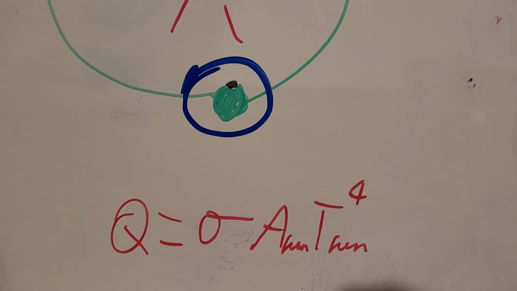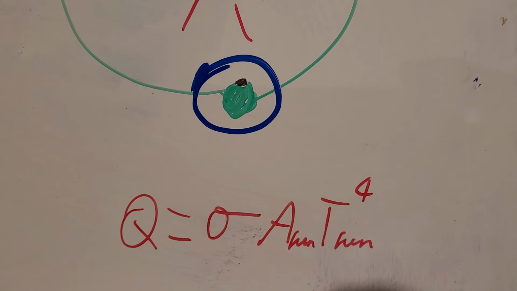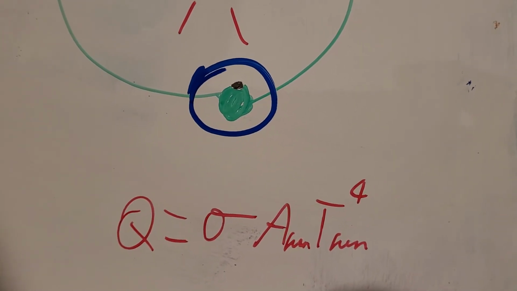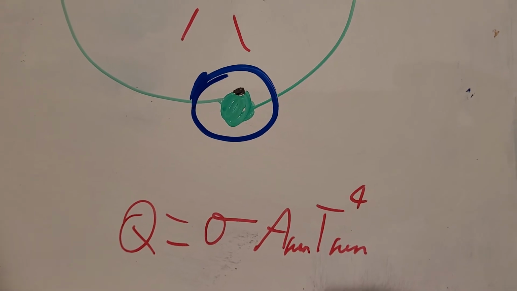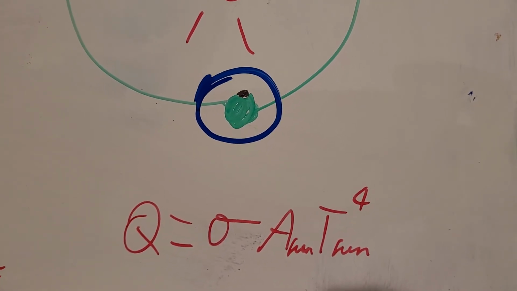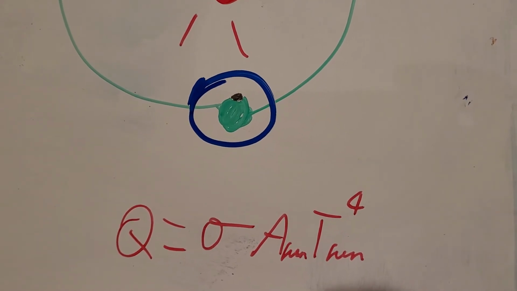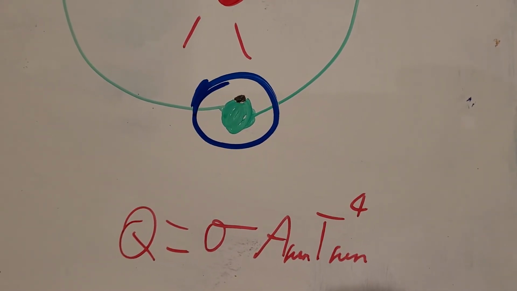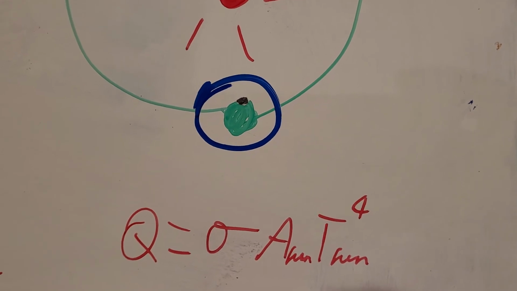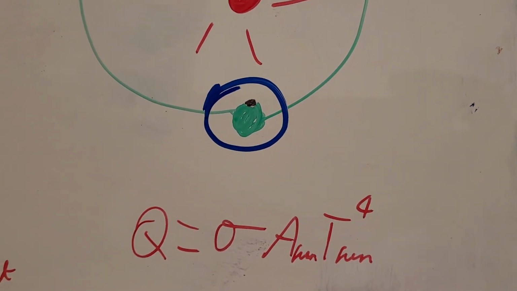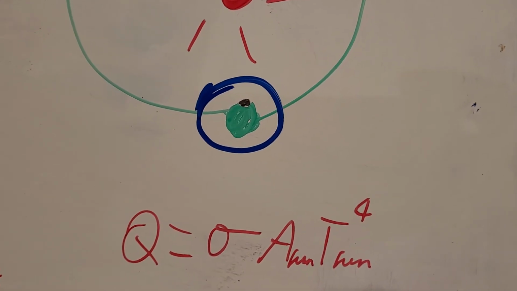So if you draw a circle around the sun, or if you make a sphere around the sun at the distance of the Earth's orbit, every inch of that sphere should receive the same amount of radiation. So if we've got an amount of radiation, which is Q dot, and we divide that by the area, we'll end up with an amount of radiation per unit meter.